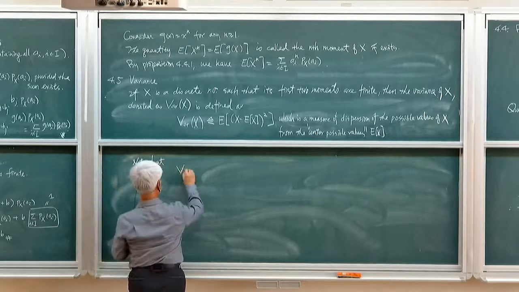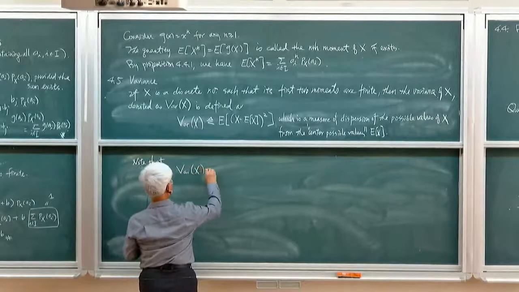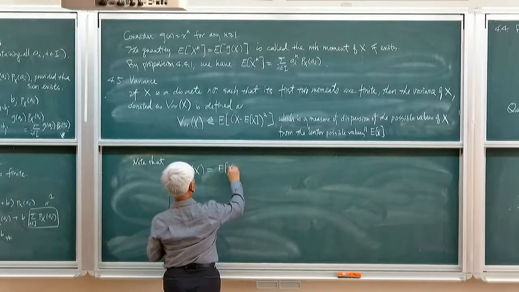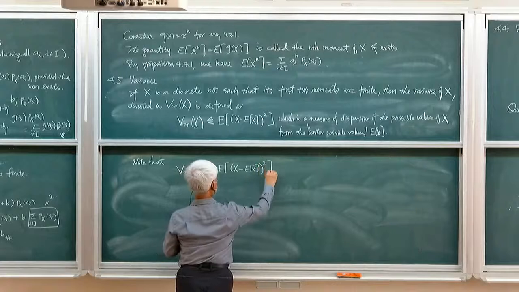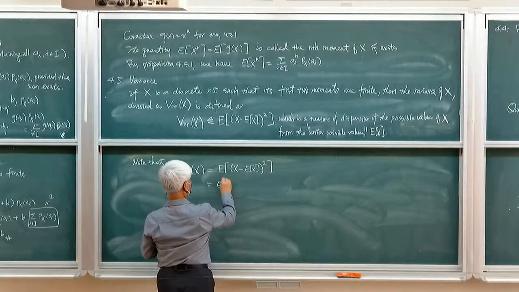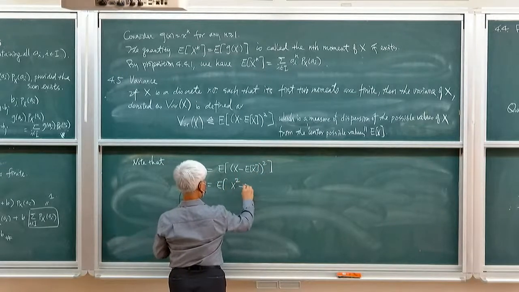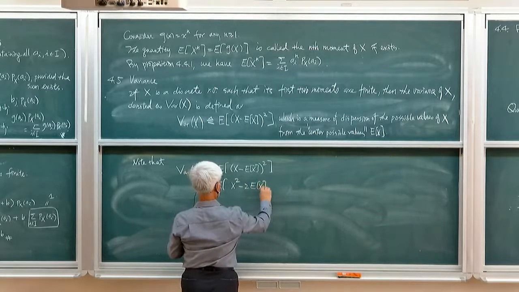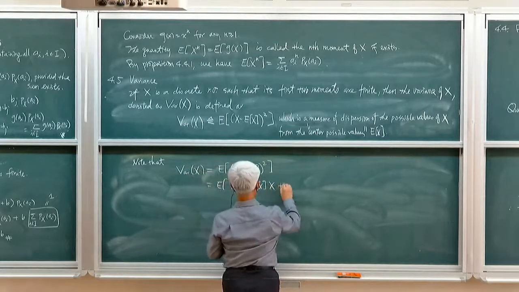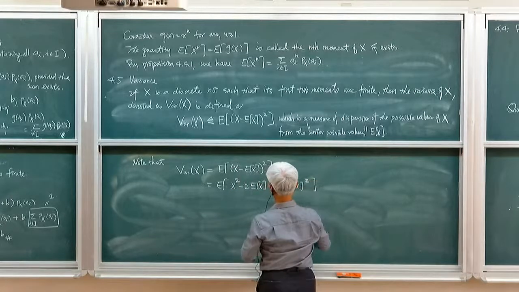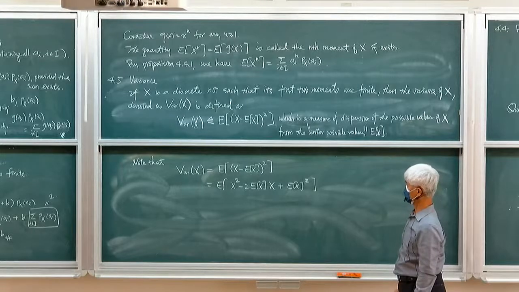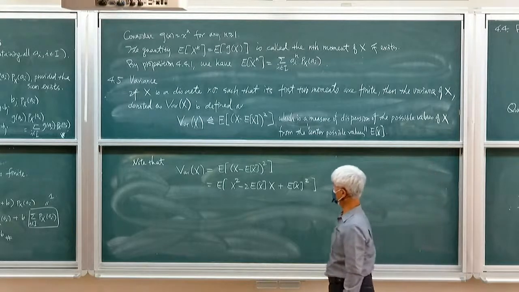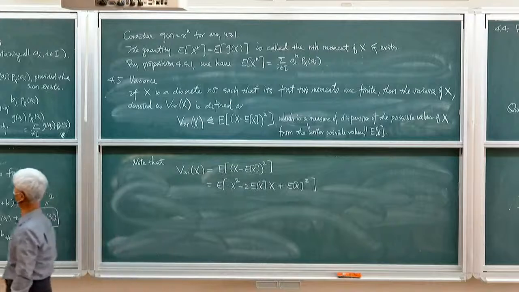So note that the variance of x by the definition, okay, so that is the expectation of x squared minus 2 E x times x plus E x squared.